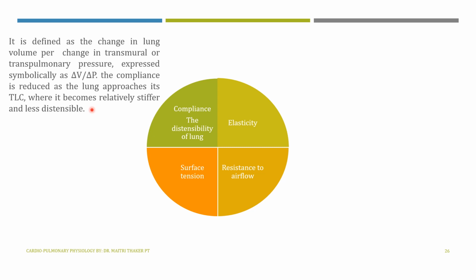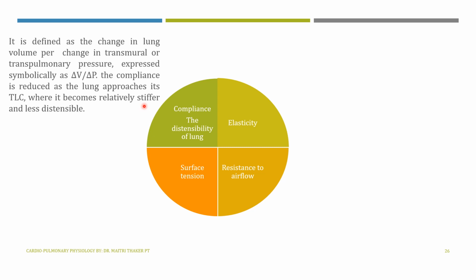Now inversely, in case of pulmonary fibrosis or any restrictive disease, the compliance will reduce. So the lungs will become stiffer. Because of the process of fibrosis, the collagen fibers of the lungs become more resistant to distension, and because of that the patient cannot get enough air during inspiration.